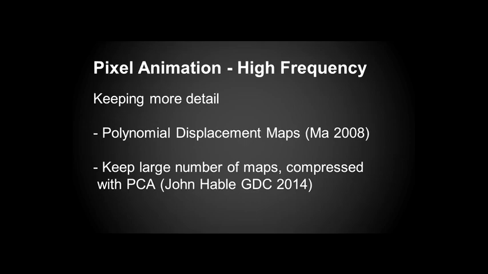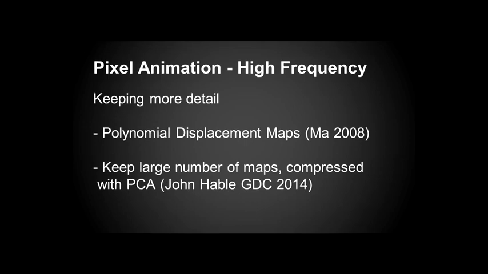I mentioned it, the polynomial displacement map, where the data from your textures would be transformed into polynomials, which means that each value becomes a function of the stress. So you just need to store the coefficients of this, and at runtime, you just evaluate this polynomial from the current stress value, and then you get your value back. For example, your displacement value.